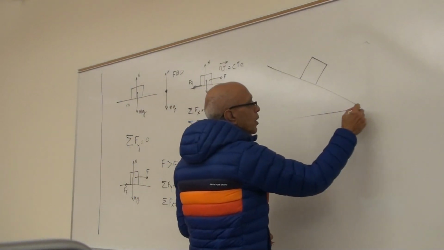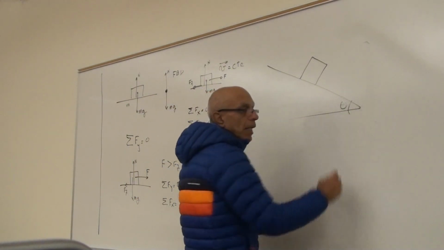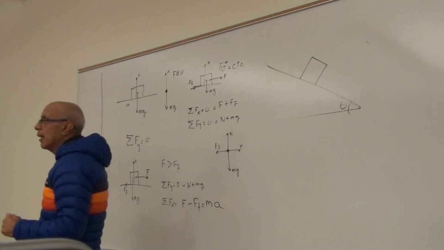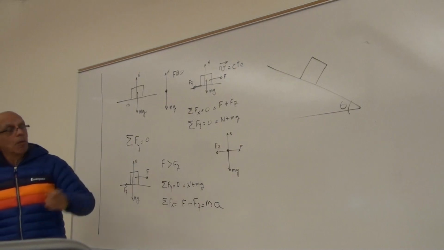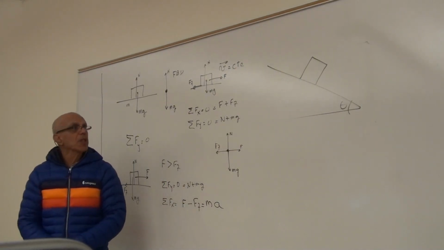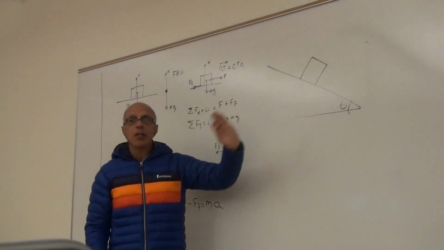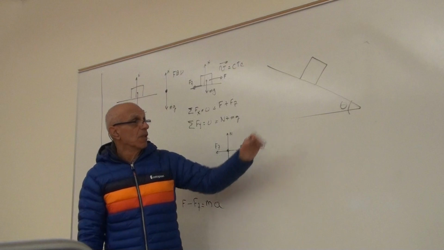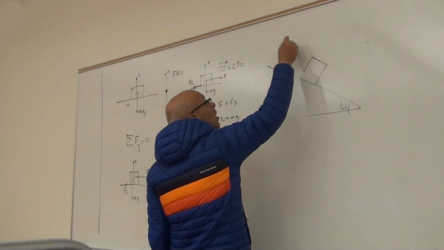Now I'm going to do this here. I have here an angle. The angle is delta, right? And I want now to put my forces here. Let's say at first there is no friction. No friction here.